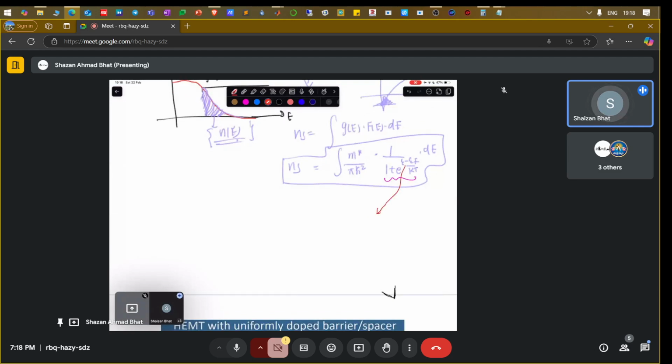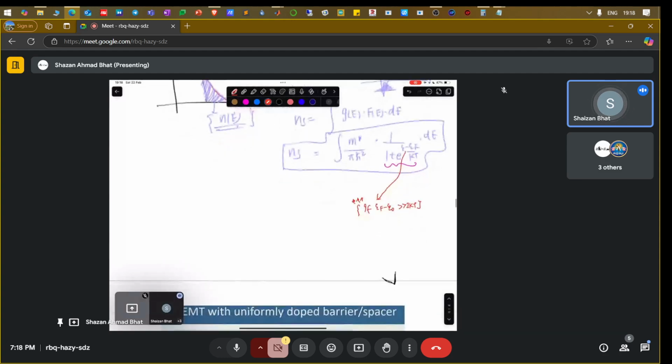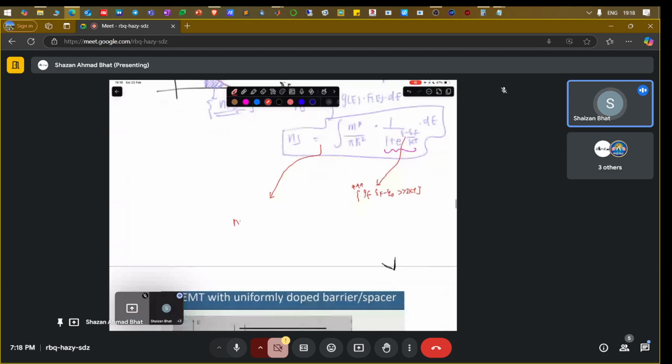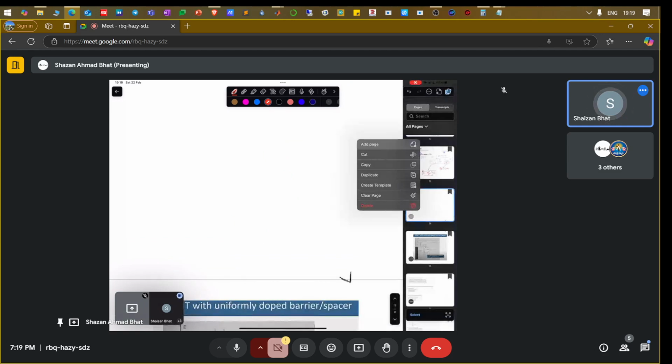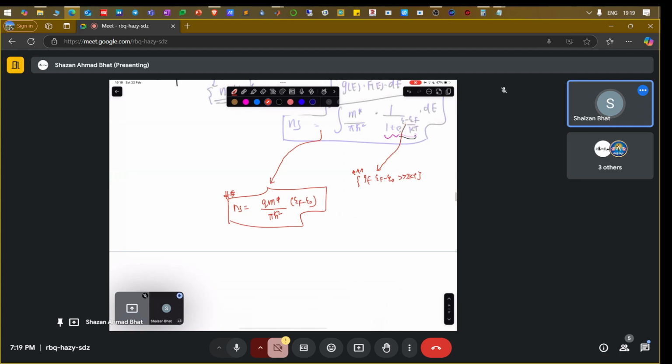Basically, that's the approximation I was talking about: if EF minus E naught is much greater than 3 kT, then you can approximately solve this integral, and you can write the sheet charge density as q m star over pi h bar square times (EF minus E0). This will be the sheet charge present. Okay, so this is the sheet charge which we can obtain from this relation.